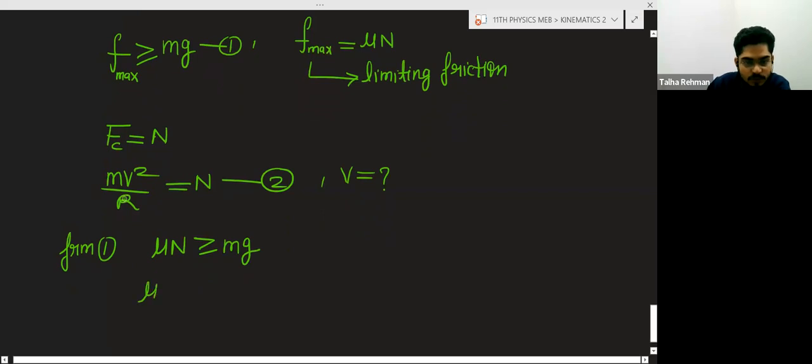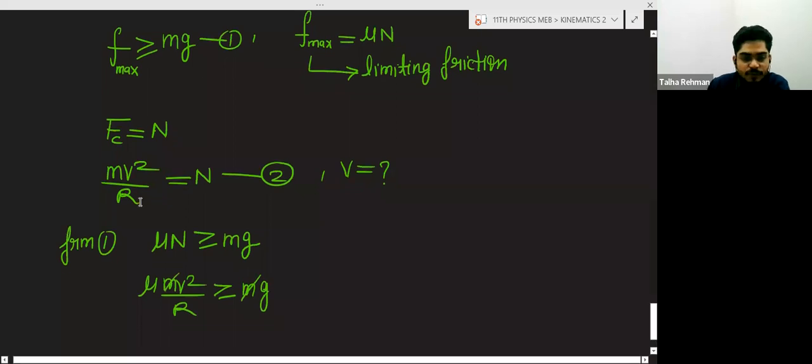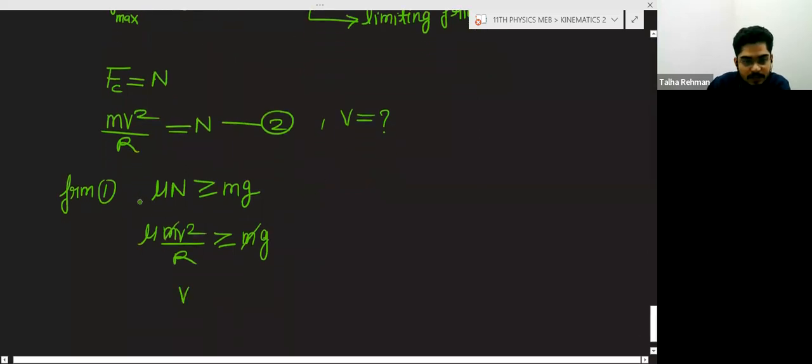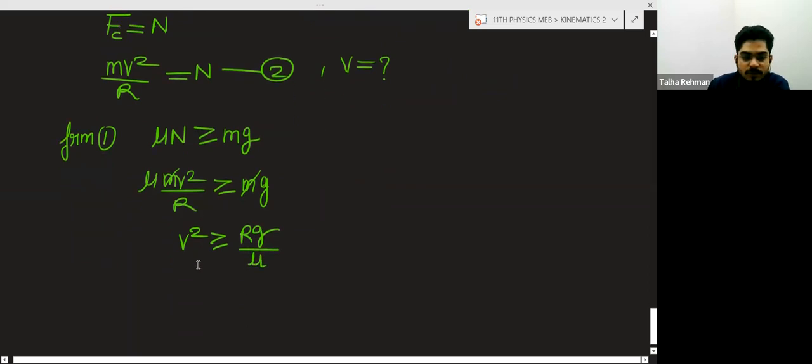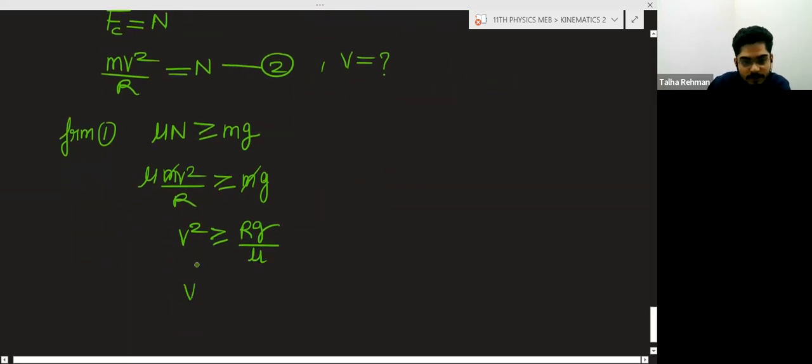So it will become mu into mv square by r, greater than or equal to mg. So mass and mass will be cancelled out. So from here we can calculate v square must be greater than or equal to rg divided by mu. So the value of v will be greater than or equal to under root of gr divided by mu.